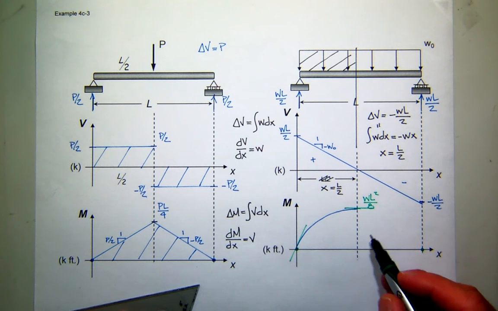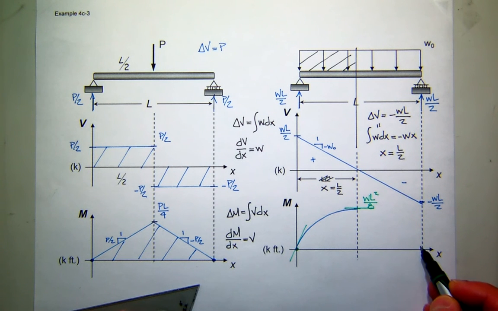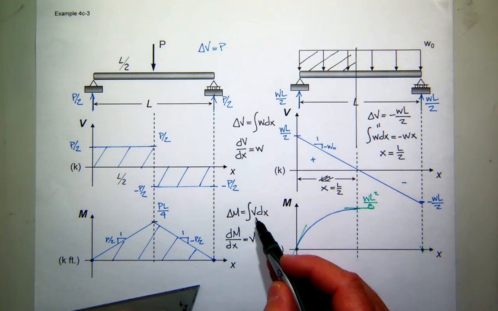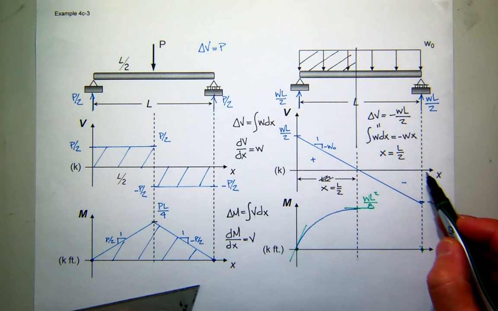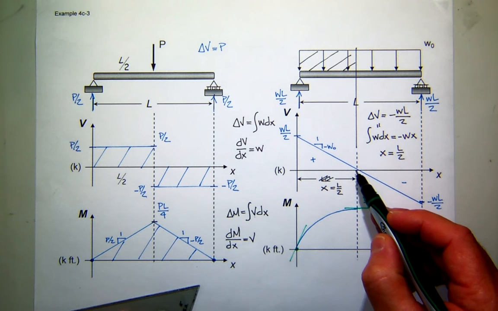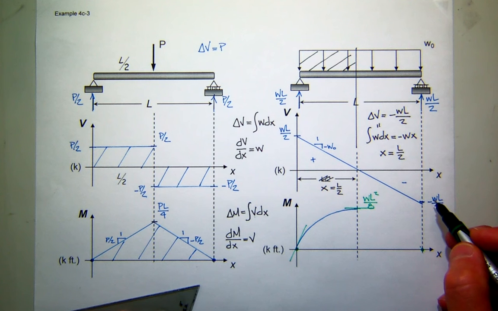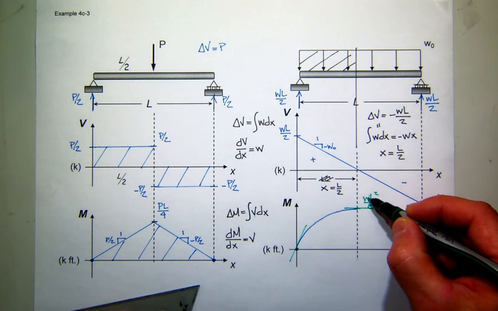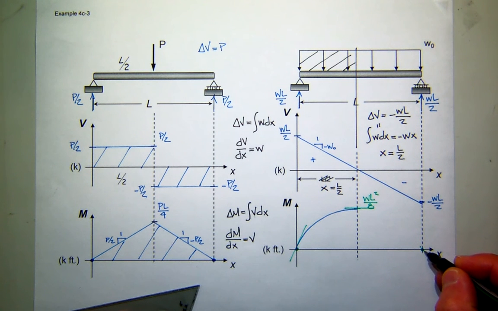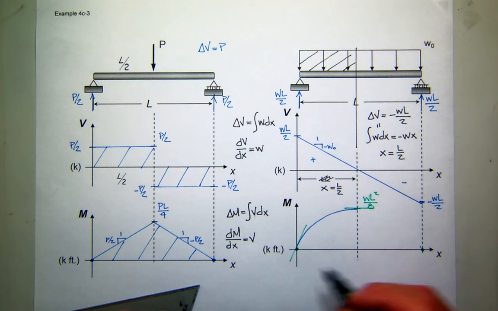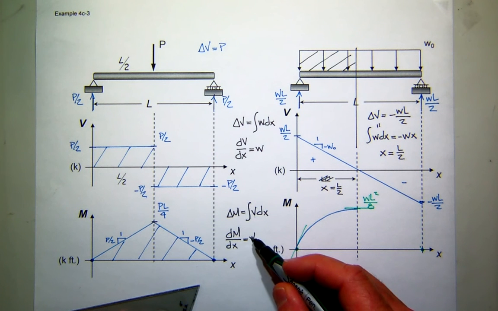I want to find out what happens from L over 2 to L. So change in moment is area of the shear diagram. What's the area of my shear diagram here? Negative WL squared over 8. So positive minus that brings me back to 0. Yay. Now the slope of my curve is equal to the shear.